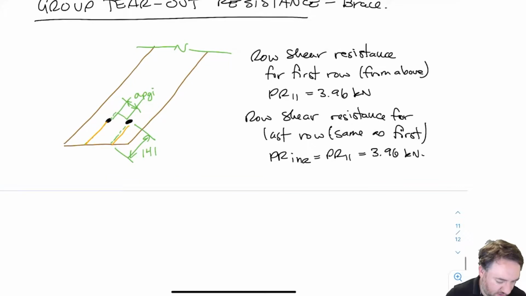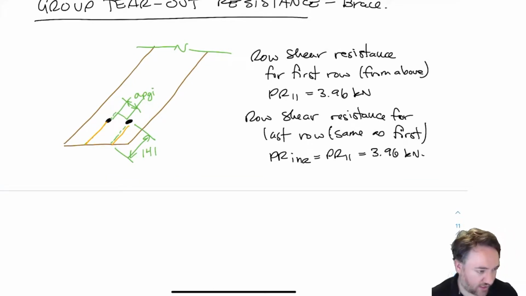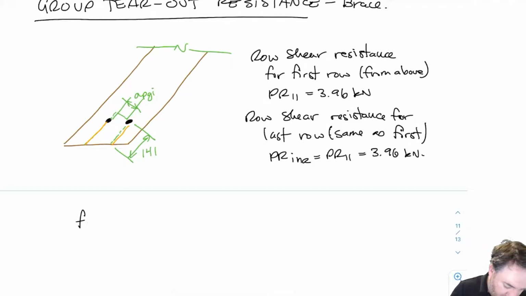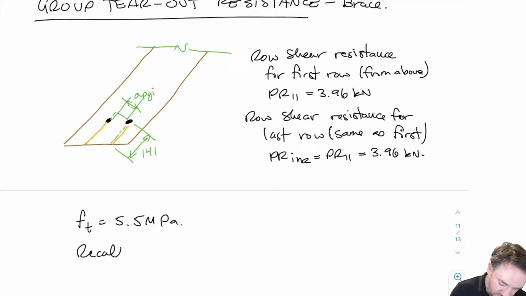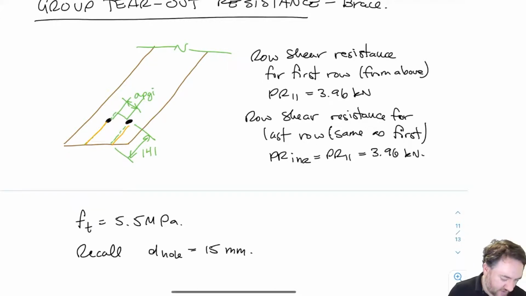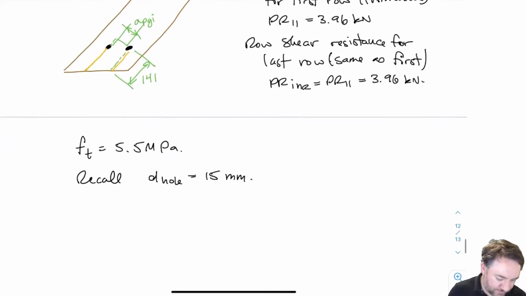Okay, so now we need to deal with the tension area. Our FT is 5.5 MPa. That's for our SPF number 2 for structural joist and plank grade, which we calculated before. We're going to recall that the hole size is bigger than the bolt, so that's 15 millimeters because we're doing net tension here.